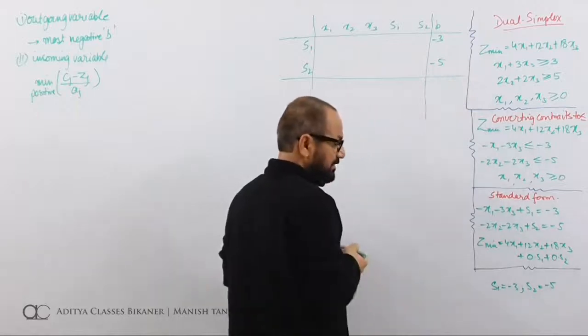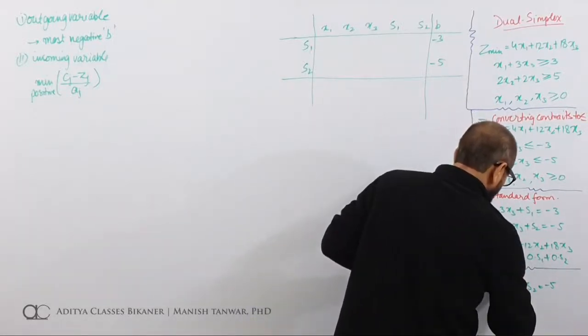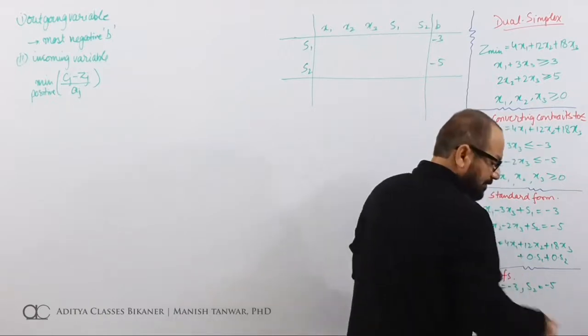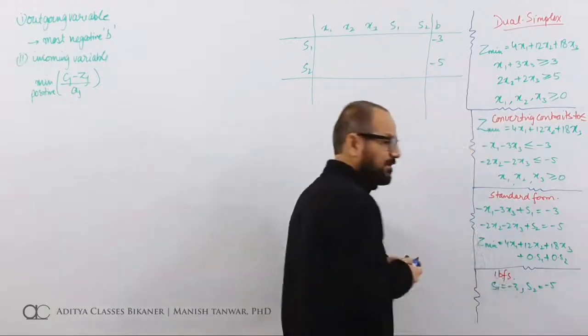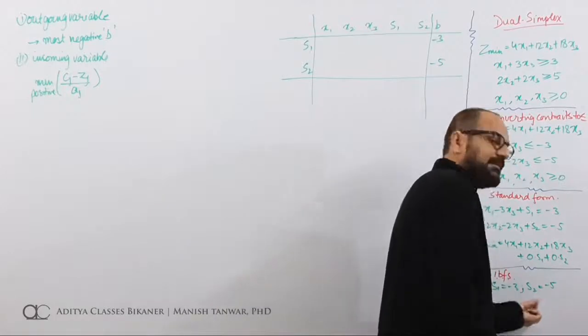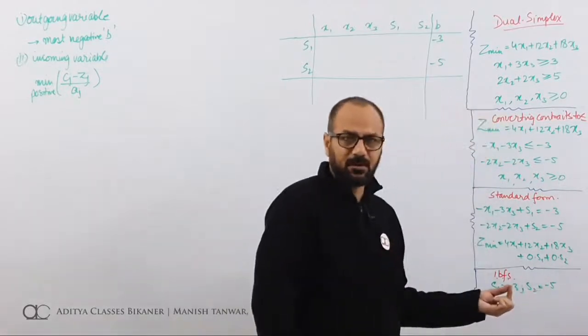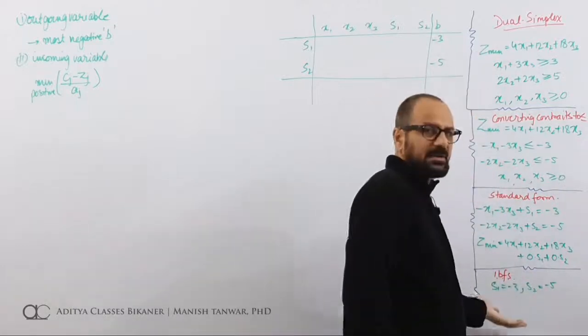Now because it is dual simplex, it is taken as IBFS. If it were simplex, this would not have been our IBFS, because in simplex a negative value is not allowed. So for simplex it is not an IBFS, but for dual simplex it is our IBFS.